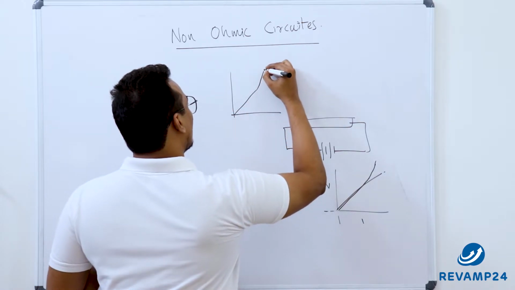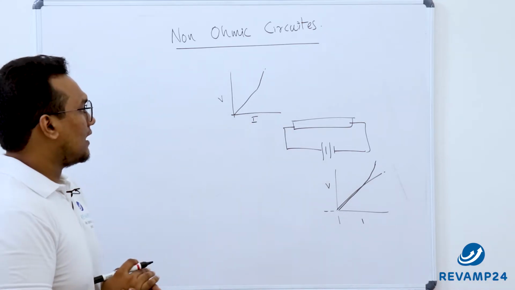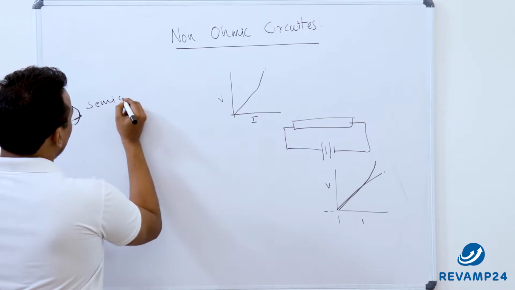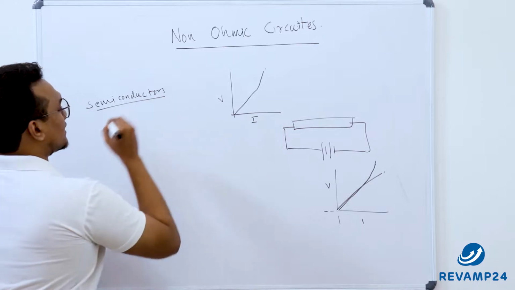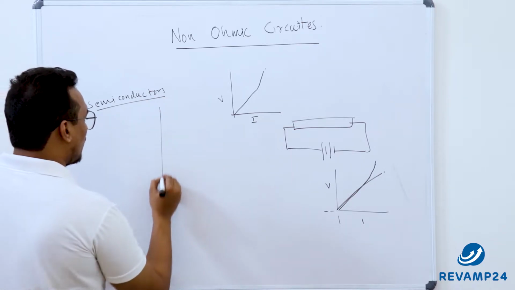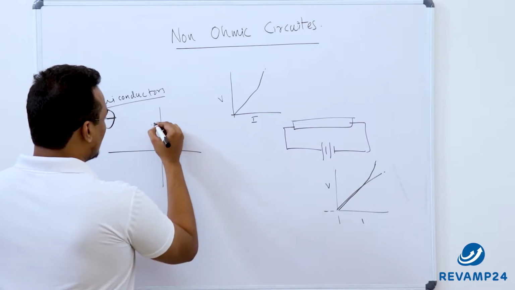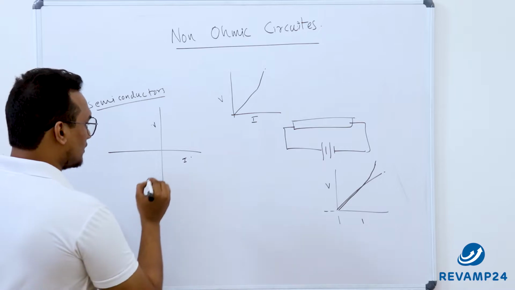Then, non-linear variation in VI. And some other limitations are with semiconductors. It is completely different. When we plot VI, voltage and current, the variation will be like this.